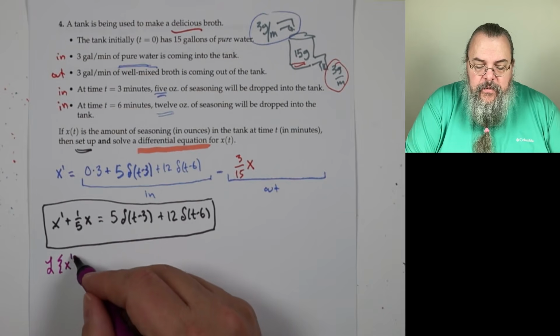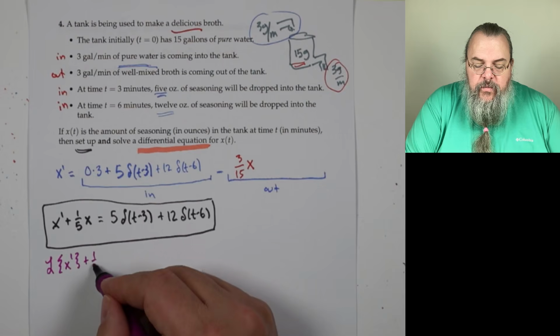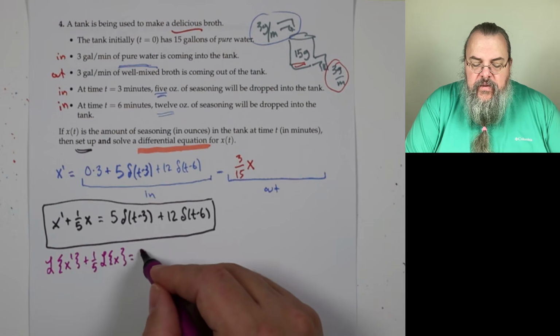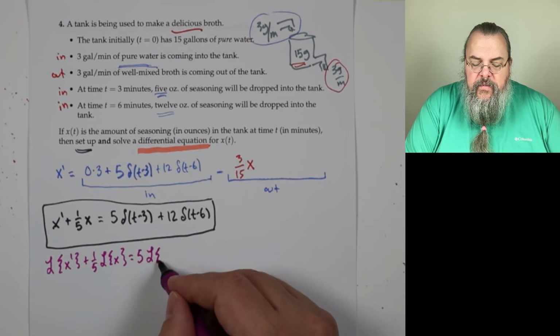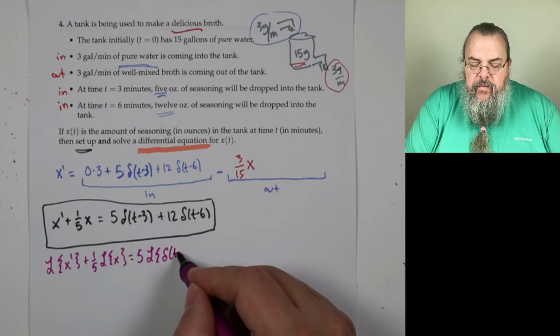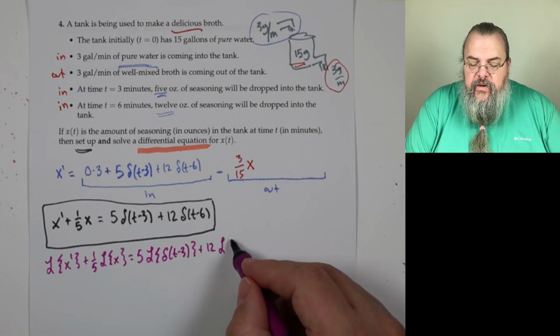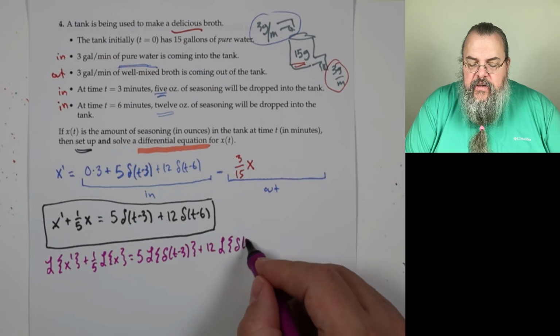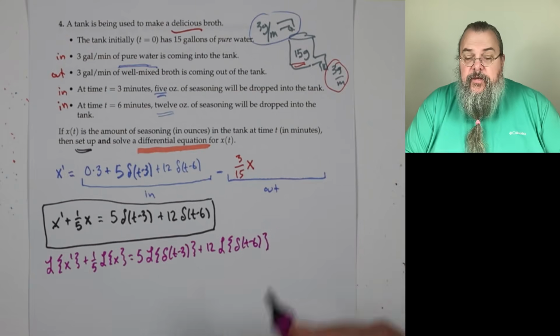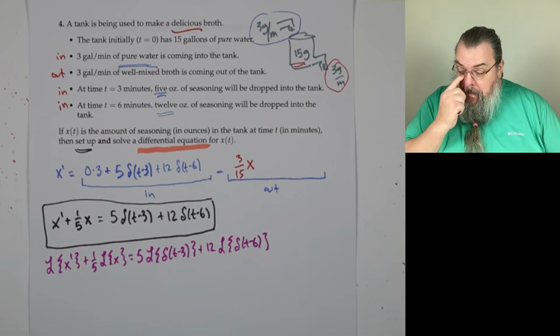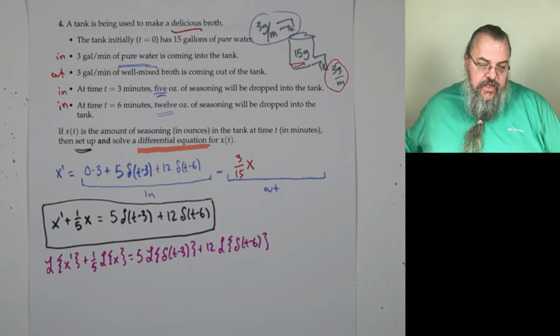So Laplace transform of x prime plus 1/5 Laplace transform of x is equal to 5 Laplace transform of delta t minus 3 plus 12 times the Laplace transform of delta t minus 6. Ta-da! Okay, now we turn to our formula sheet.